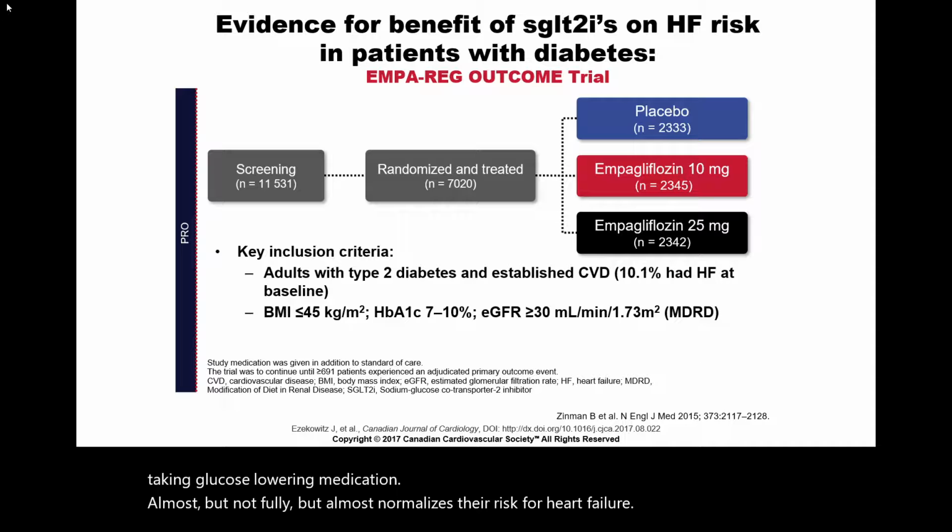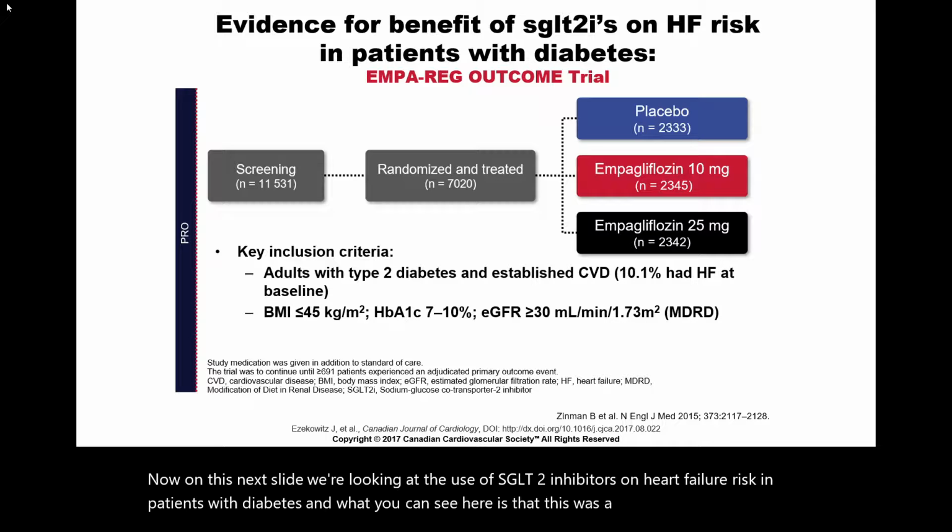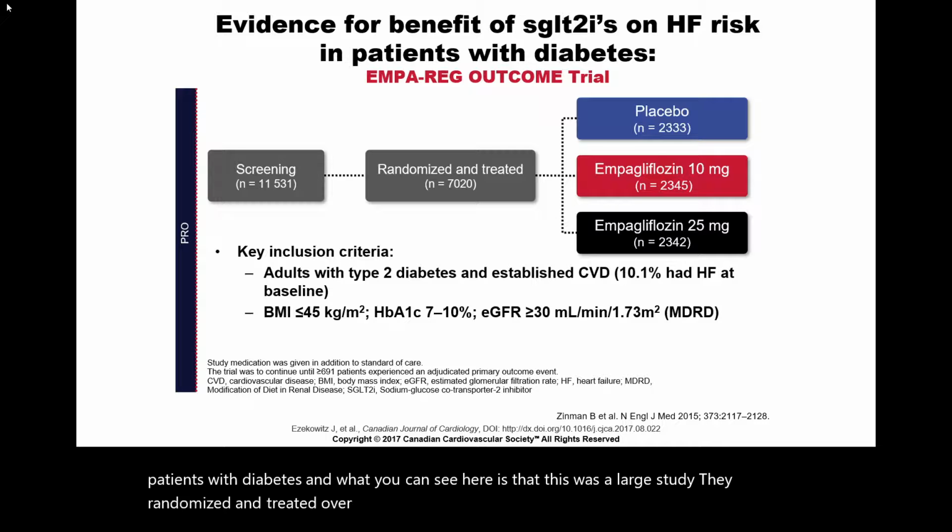Now on this next slide, we're looking at the use of SGLT2 inhibitors on heart failure risk in patients with diabetes. This was a large study. They randomized and treated over 7,000 patients, and the patients were either given placebo or a type of SGLT2 inhibitor, either 10 milligrams or 25 milligrams.